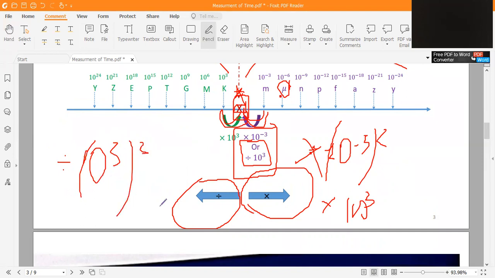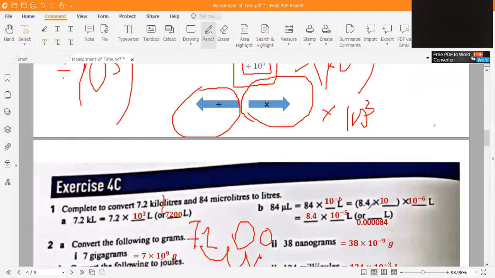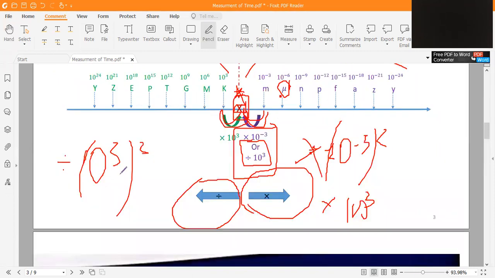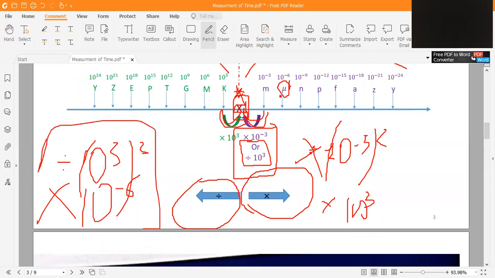Okay, so we divide by 10 power 6, or we multiply by 10 exponent minus 6. We have here 2 different operations which are equivalent.